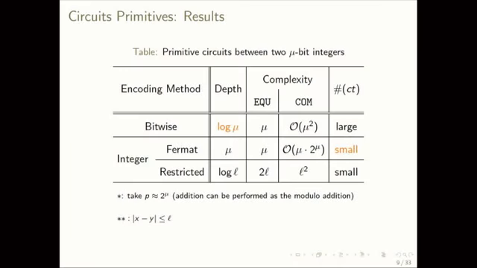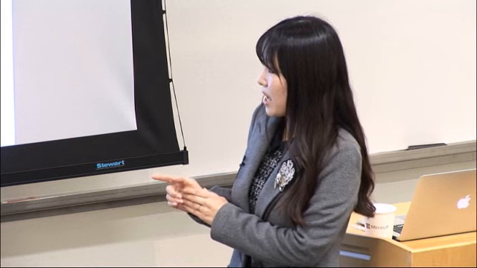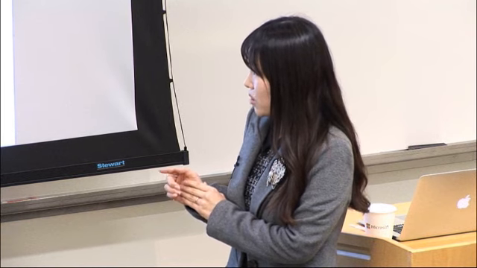In short, we have the following results given two mu-bit integers. If we use bitwise encoding, then the circuit has depth log mu, but the number of ciphertexts is very large. In the case of integer encoding, we first take p about 2 to the mu, so that the addition can be performed as just modular addition in the message space.